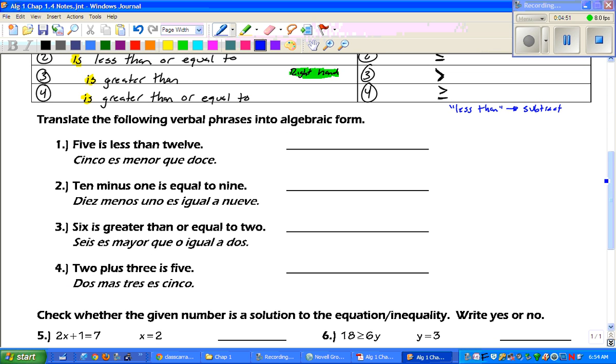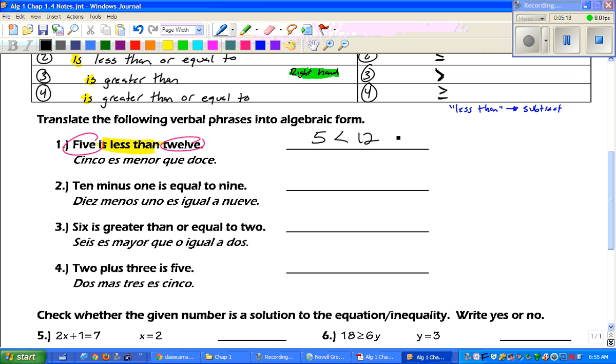So, let's take a look at these. Translating the following verbal phrases into algebraic form. Let's take a look. We have the word 5, I see is less than, and then we have 12. So 5 is less than 12.